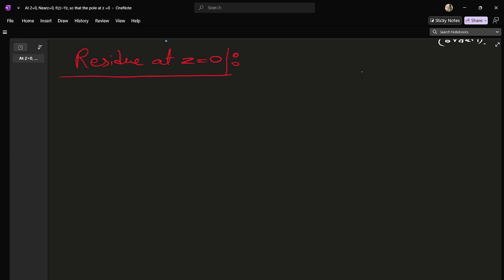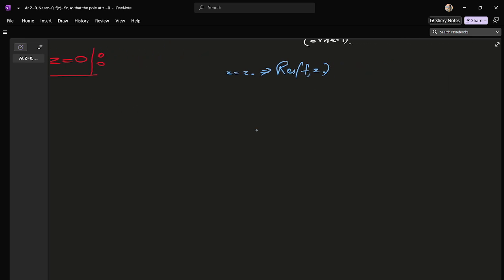The residue of f(z) at a simple pole z₀ is the limit as z tends to z₀ of (z − z₀) f(z). As our poles are simple, this is of power 1. If the poles are not simple, then the power will be n, where n equals the order of the pole. This is the formula of residue.